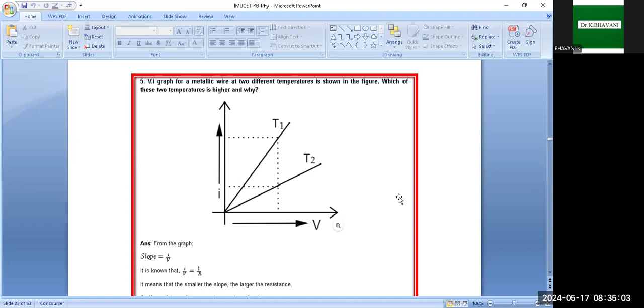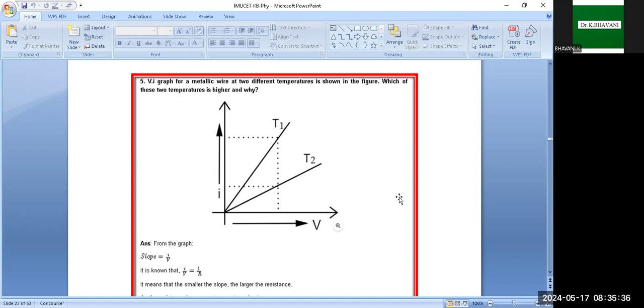To solve this problem, we can use the thermodynamics law. What is the thermodynamics law? It is denoted as del T is equal to T2 minus T1. T2 is the final temperature, T1 is the initial temperature. So T2 is always higher than T1, because once the process is going on, it takes hours or minutes to reach the final temperature.